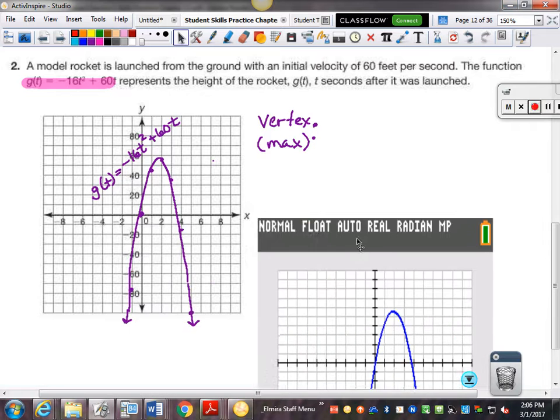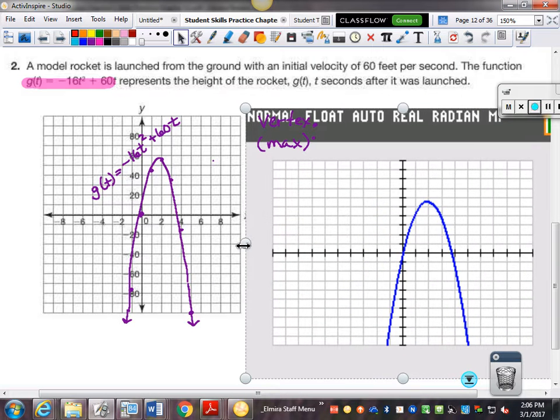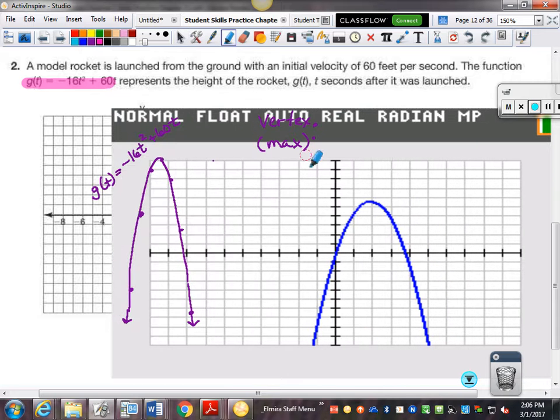So if I bring this back up here again, we're going to tell the calculator, hey, the vertex is somewhere in this zone, and we're going to mark 2 spots on here. This is called the left boundary, and that's the right boundary. We're telling the calculator to look for the vertex in that area only, because that's where it is.